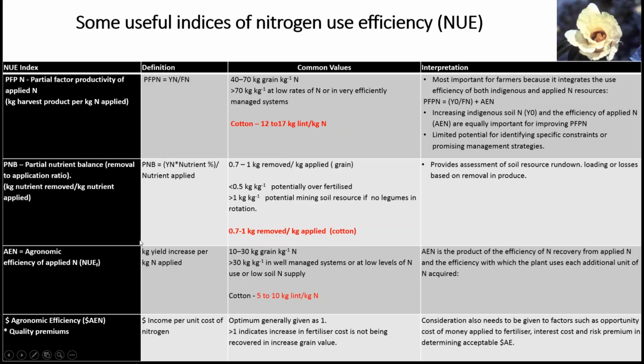So turning that into dollars would be a useful thing. So there's some pretty easy indices, and there is no doubt that for high nitrogen use efficiency, the research says that if we achieve the 12 to 17 kilograms of partial factor productivity, and up around the 0.7 to 1 kilogram removed per kilogram of applied, our emissions are likely to be low.